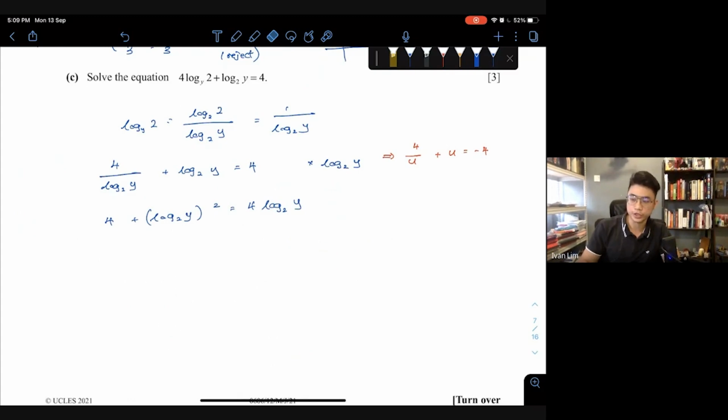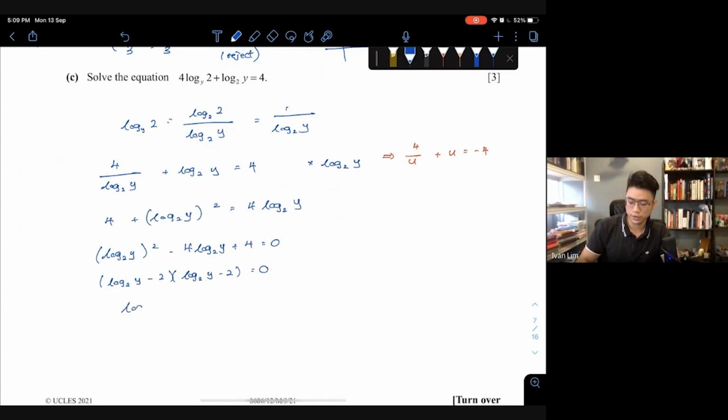So it's a quadratic equation, which is log 2y squared minus 4 log 2y plus 4 equals 0. Factorize it: log 2y minus 2, log 2y minus 2 equals 0.